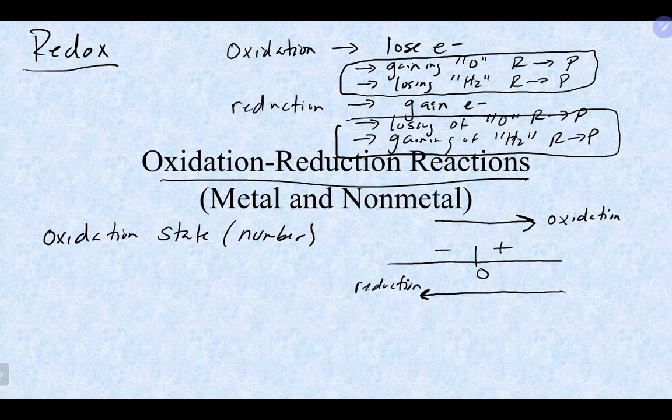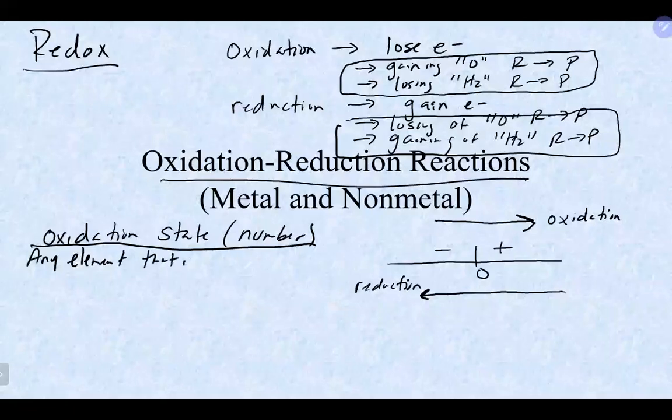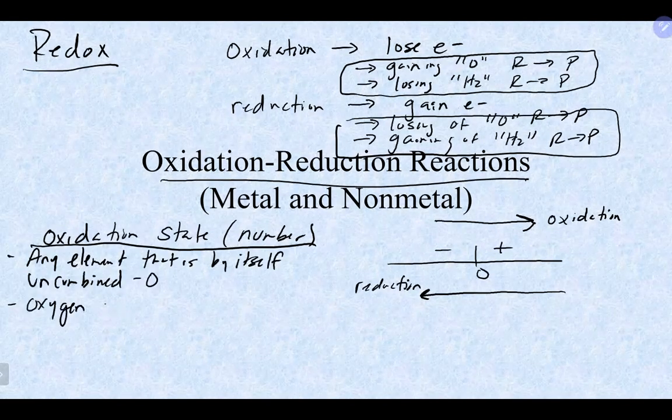So here are a couple of simple rules to follow when assigning oxidation numbers or oxidation states. Any element that is by itself, uncombined, how it naturally comes, has an oxidation number of 0. Oxygen, for the most part, will always have an oxidation number of -2.